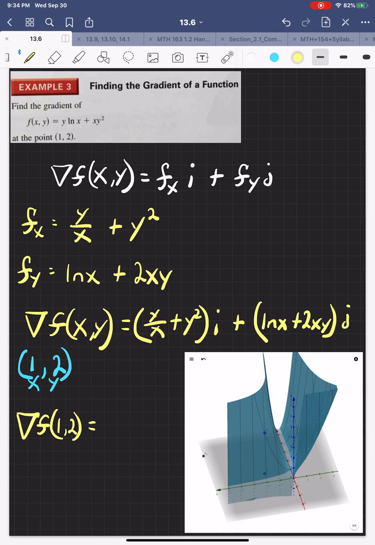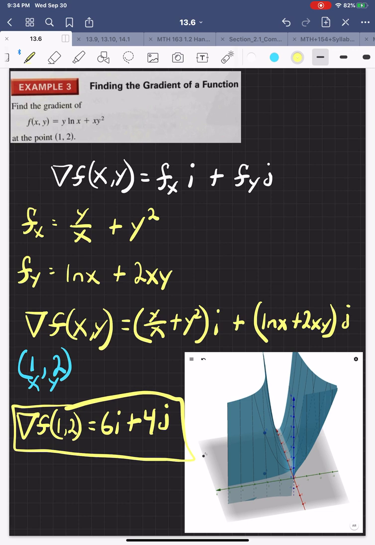You just plug in x is 1, y is 2, and that gets us to 6i plus 4j. There it is. So that is the gradient of f at the point (1, 2).